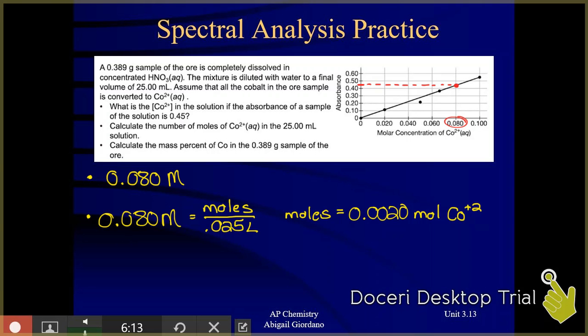Okay, calculate the mass percent of cobalt within that total mass of 0.389 grams. All right, well, then all I have to do here, guys, is convert the answer that I just found from moles into grams. I'm going to look on my periodic table. Molar mass of cobalt is 58.9.